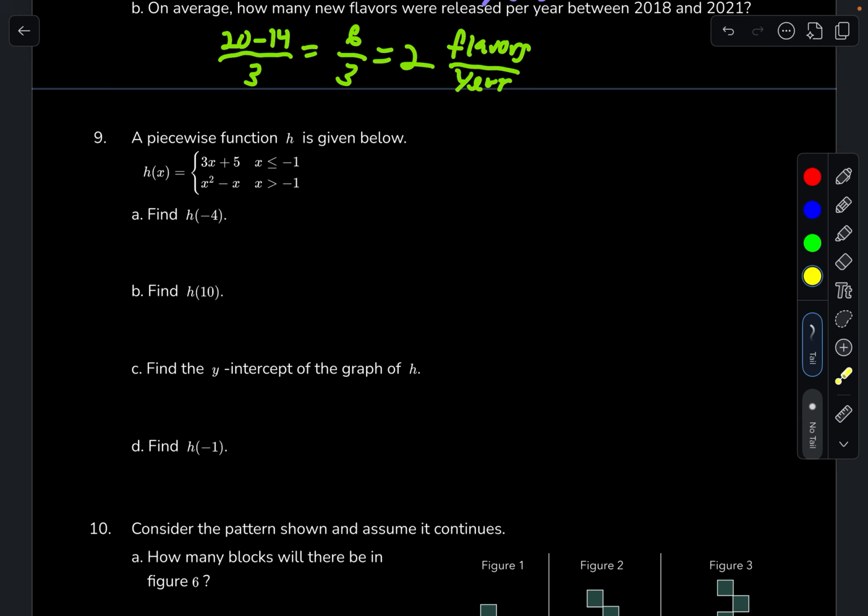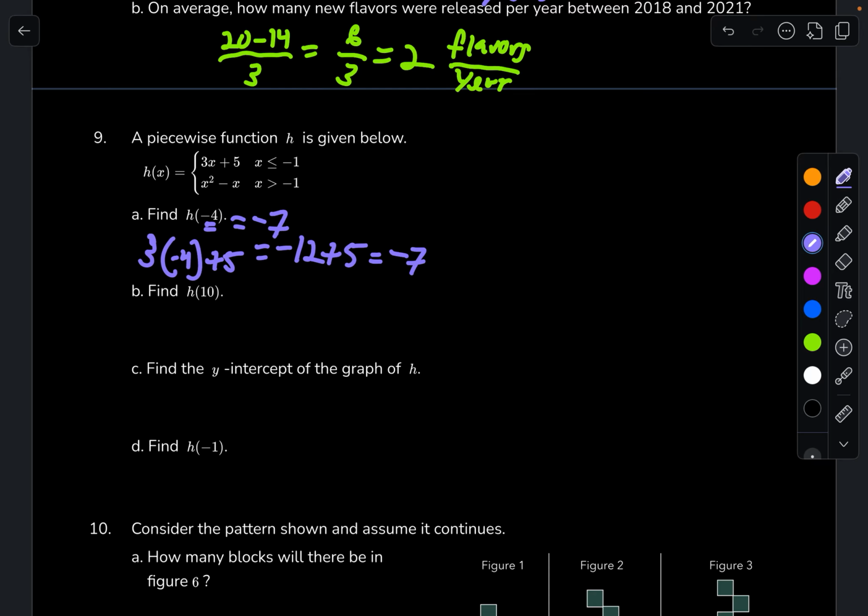So that means we have to use the top piece. So that is going to be 3x plus 5. X is -4. And so this equals 3 times -4 is -12 plus 5 is -7. So this equals -7.